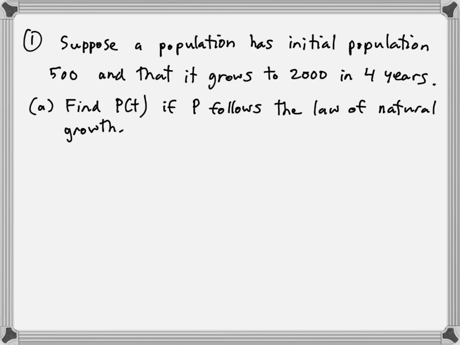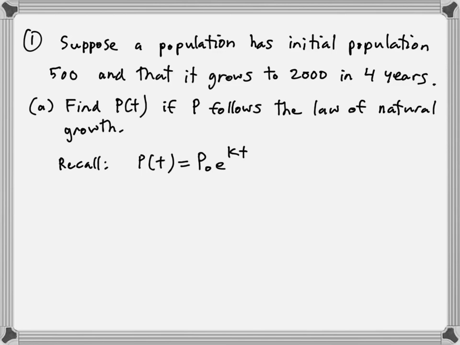Let's go ahead and do part A first, and then we will do part B, which is going to be to use the other model. So recall the solution is P of t is equal to P naught e to the kt. This is the solution to the law of natural growth, okay?